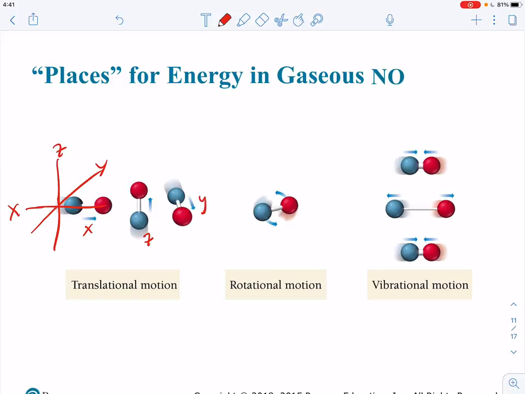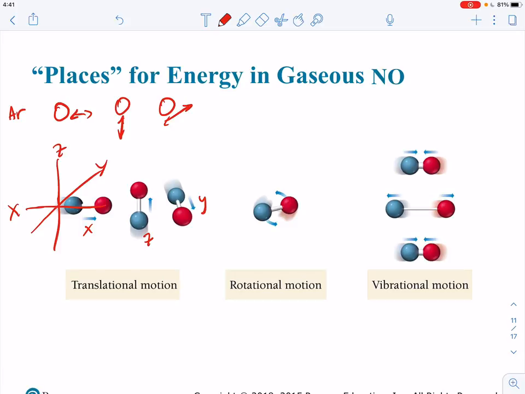The point is it can move in different directions, and if you move in different directions, then you can assume that as a different microstate. The argon can also do that. The argon atom can move in that direction, or in that direction. So in those terms, it could be the same.